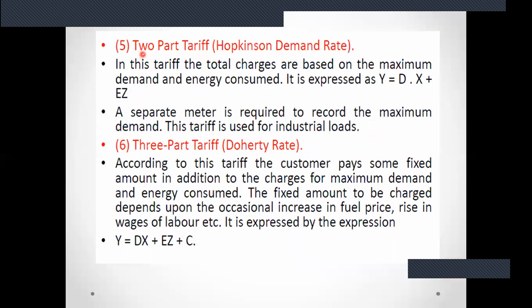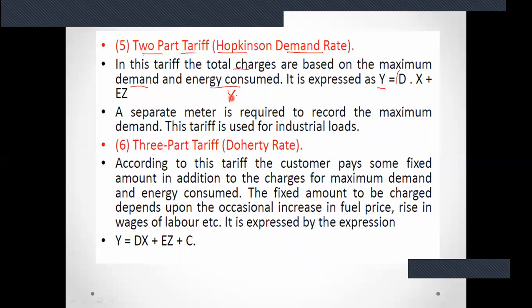Then there are the fifth and sixth methods. The fifth is the two-part tariff method, which we can call the Hopkinson demand rate method. In this tariff, the total charges are based on the maximum demand and the energy consumed. It is expressed as Y is equal to DX plus EZ.